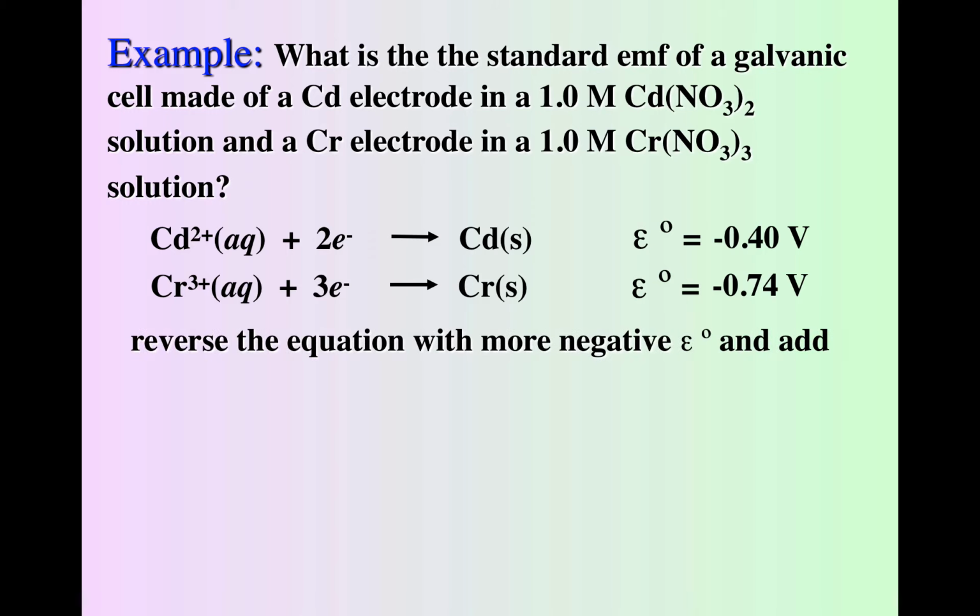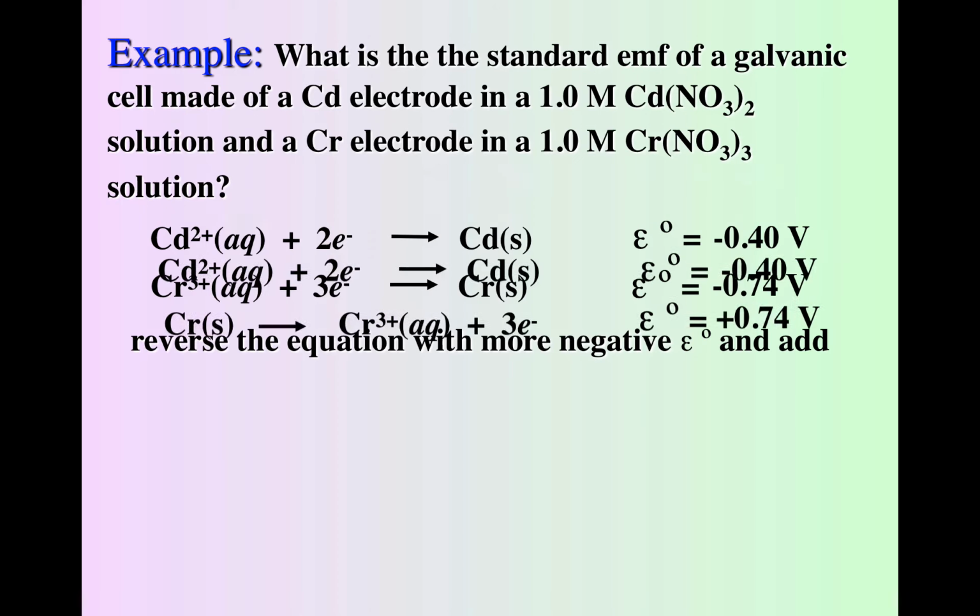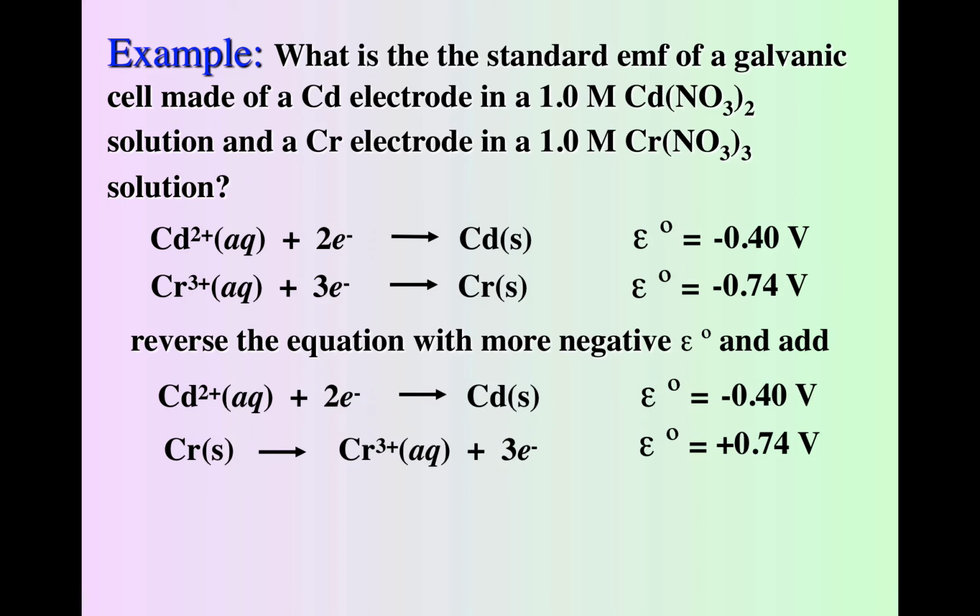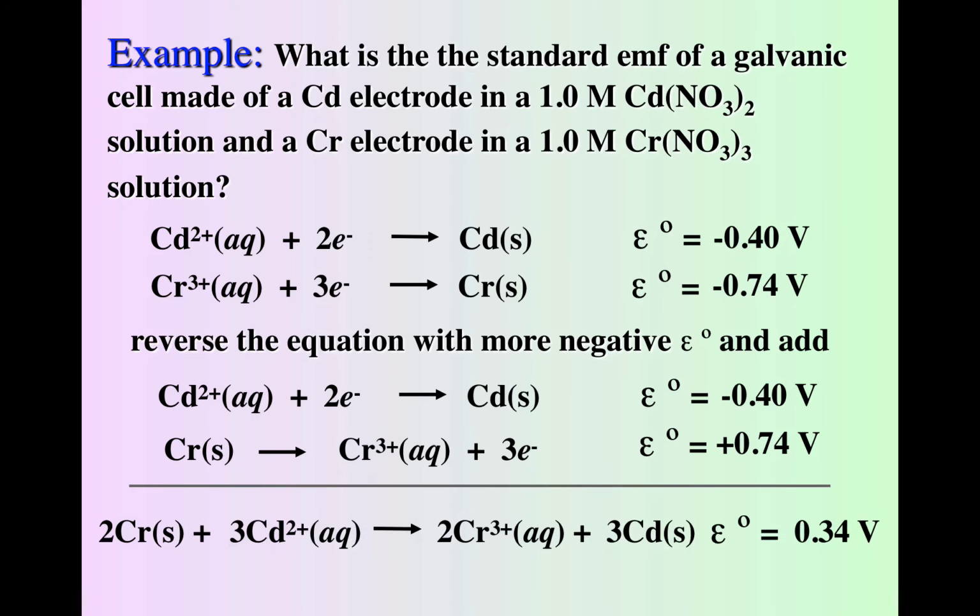So if I want to figure out what the oxidation potential is for chromium, I turn it around and change the sign. So when I add these two potentials together, the reduction potential for cadmium 2 plus and the oxidation potential for chromium, I get a positive voltage. So this means, yeah, it'll occur in a spontaneous way.